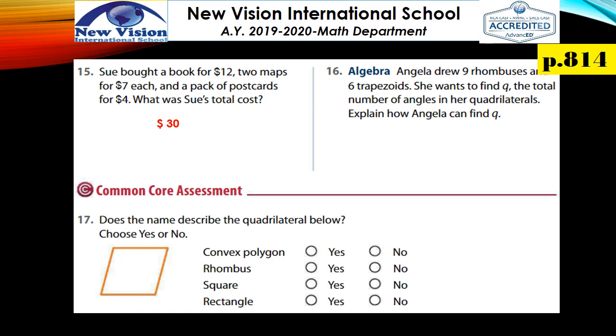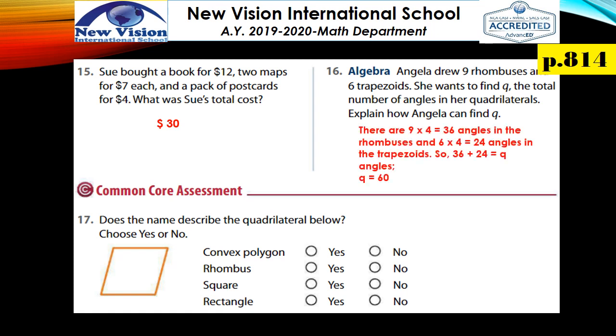Angela drew 9 rhombuses and 6 trapezoids. She wants to find Q, the total number of angles in her quadrilaterals. Explain how Angela can find Q. There are 9 times 4 equals 36 angles in the rhombuses, because each rhombus has 4 angles.